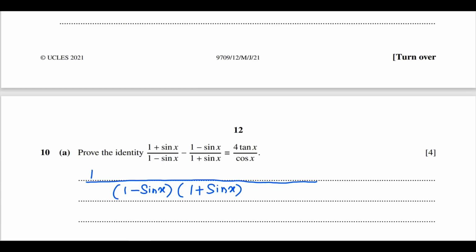Okay. So 1 plus sin x plus sin x plus sin square x, minus (1 minus sin x) multiplied by (1 minus sin x). So 1 minus sin x minus sin x plus sin square x.